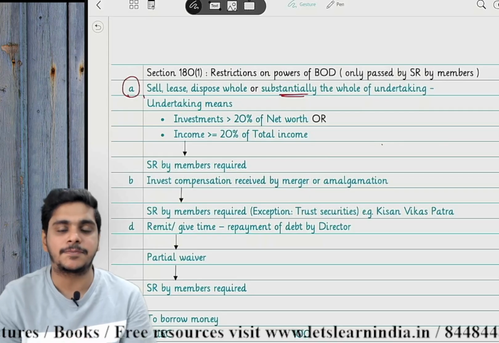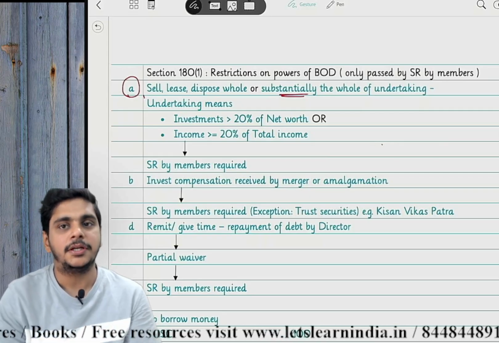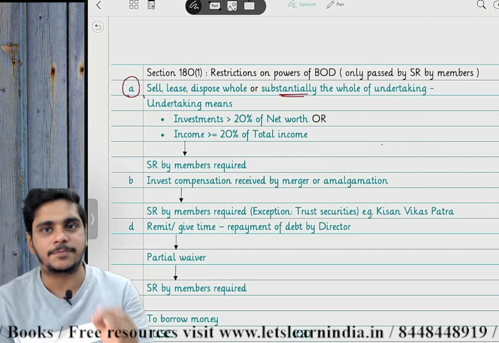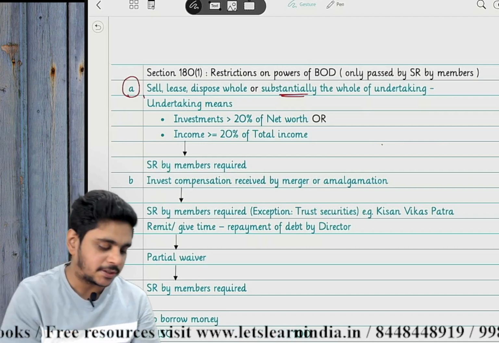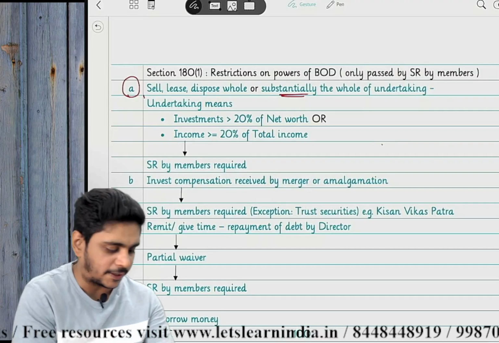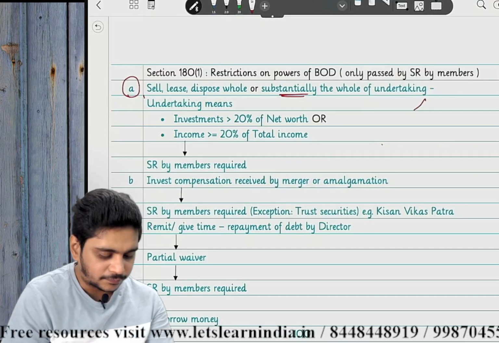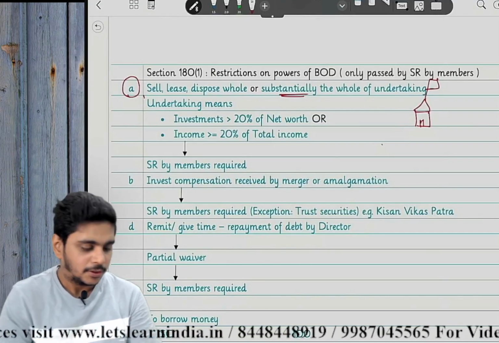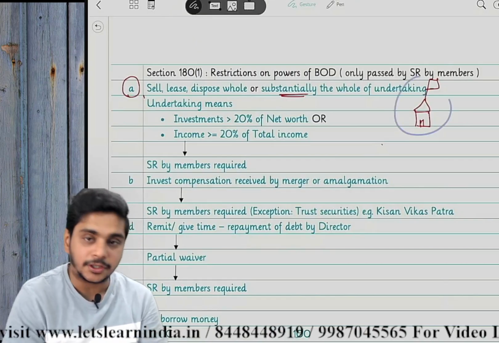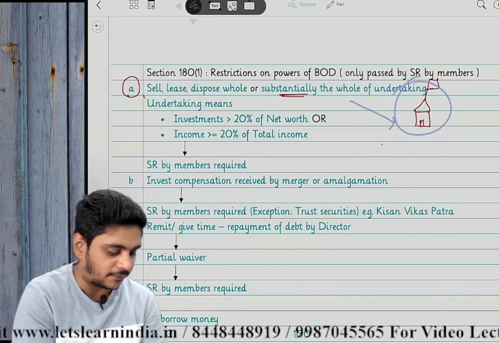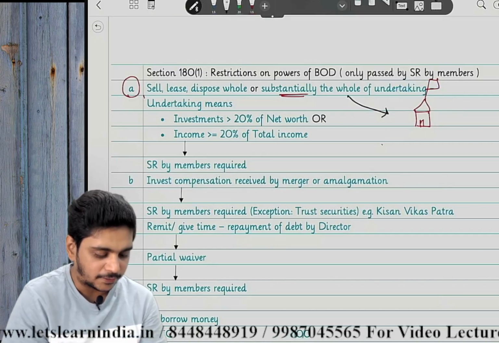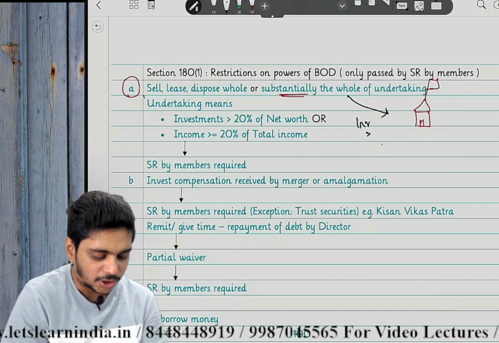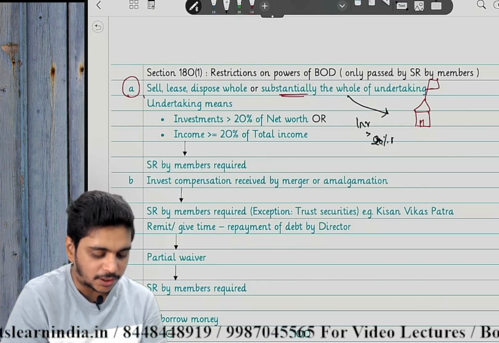So that is the first power of the board. To sell, lease, dispose either the whole or substantially the whole of the undertaking, you require members' power, members by SR. Undertaking means a branch or a division or a unit, for example, if I say this is my branch or a unit wherein we have put an investment which is more than 20% of my total net worth.